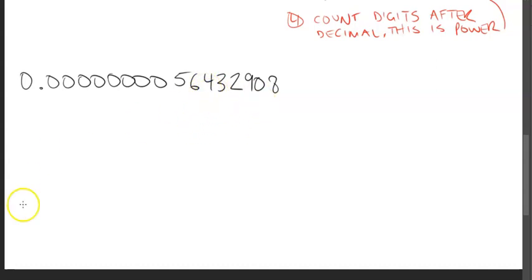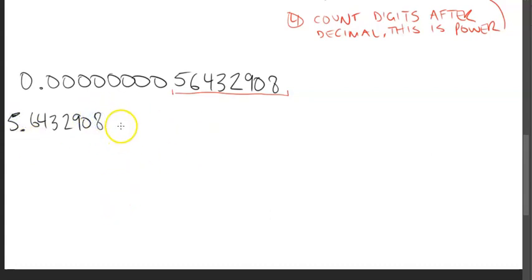So for now, we're going to look at the significant figures. We know that all of these zeros are considered insignificant, and then the first significant figure starts at that 5, and it goes to that 8. So we're going to write that number down, but we're going to write it as a number between 0 and 10. So in this case, this will be 5.643298, because that number is in between 0 to 10.